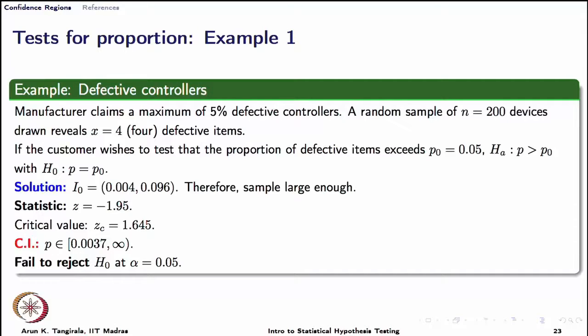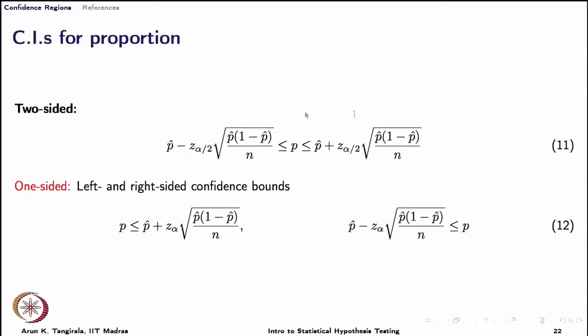Therefore, I need to construct a one-sided confidence region which involves constructing the lower bound on the proportion, and the lower bound turns out to be 0.0037. I have just calculated that in R by using this expression in equation 12, all right.